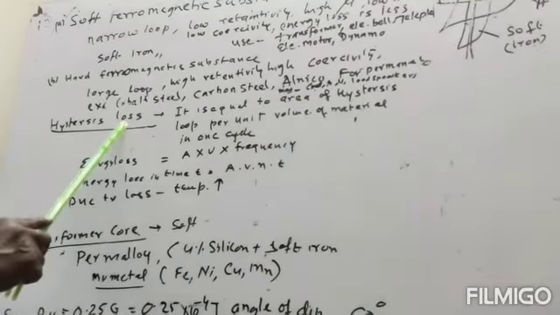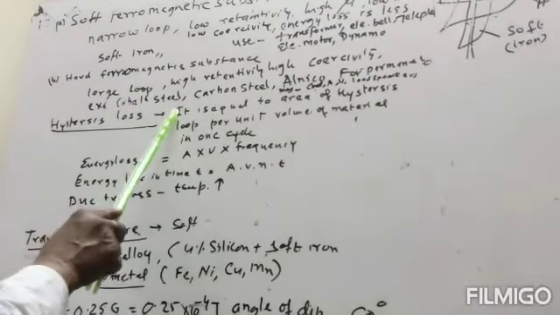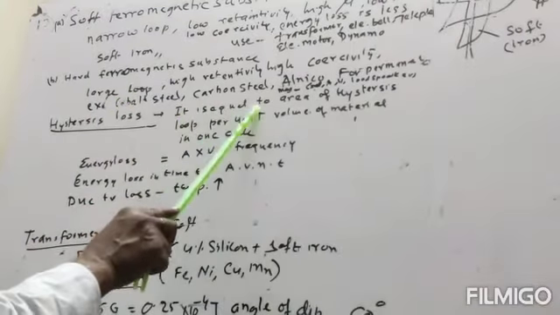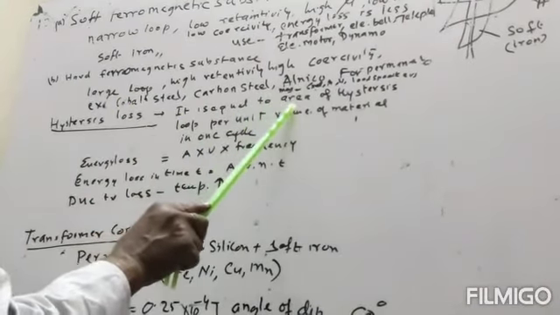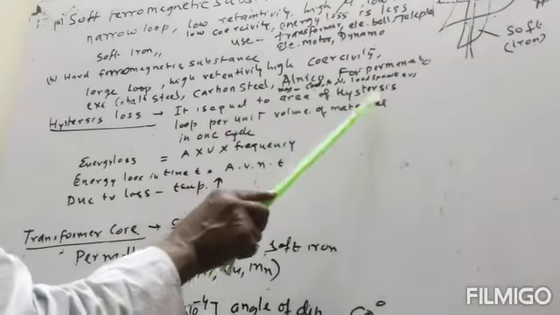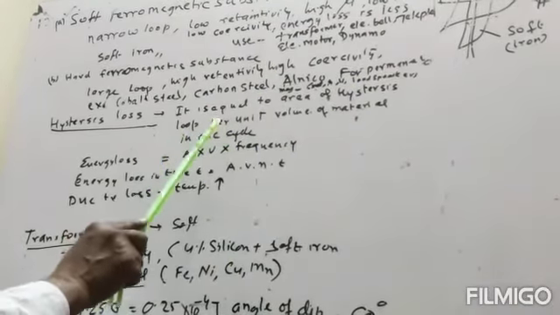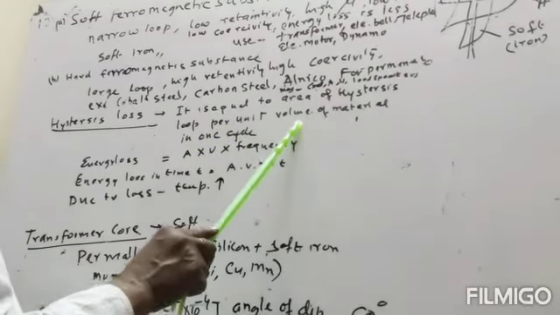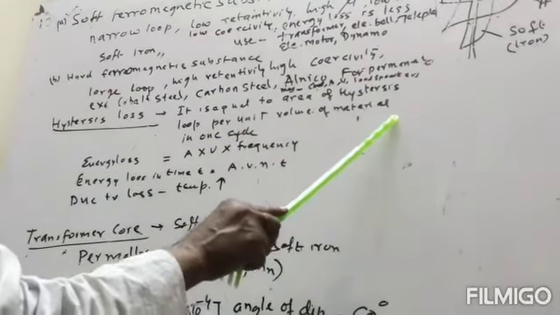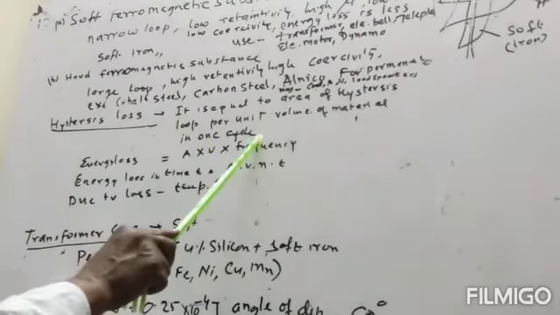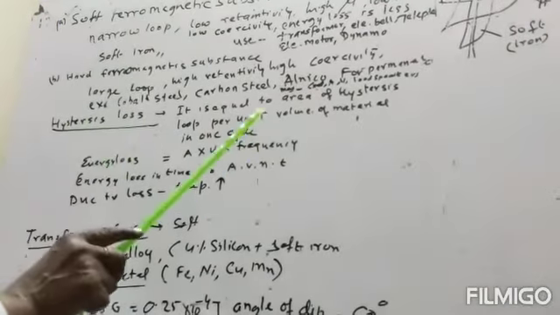Now what is the hysteresis loss? It is equal to the area of the hysteresis loop per unit volume of the material per cycle. So what is the hysteresis loss?